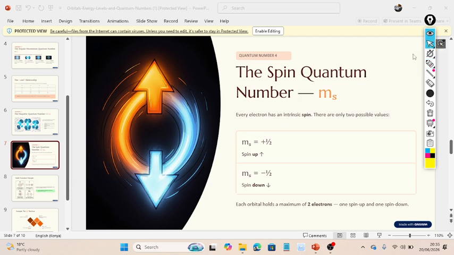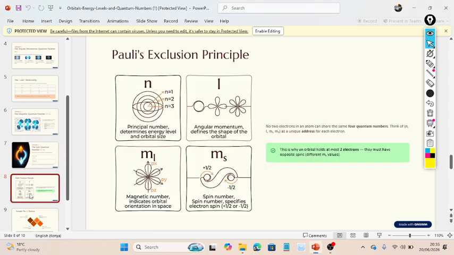And maybe for us to have a clear understanding, we're going to talk about all the four quantum numbers and how they relate to what we call the Pauli principle. The Pauli principle will help us get the comprehensive location of that electron.